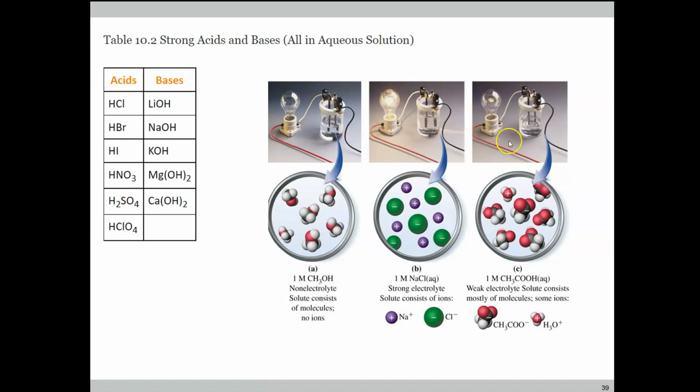Here's another example of more of a weak electrolyte. You can see here we have COOH. You might recognize this as a carboxylic acid functional group. Every once in a while, or more often at least than with this alcohol functional group, we'll have these ions forming. We'll have CH3COO- and an H3O+.